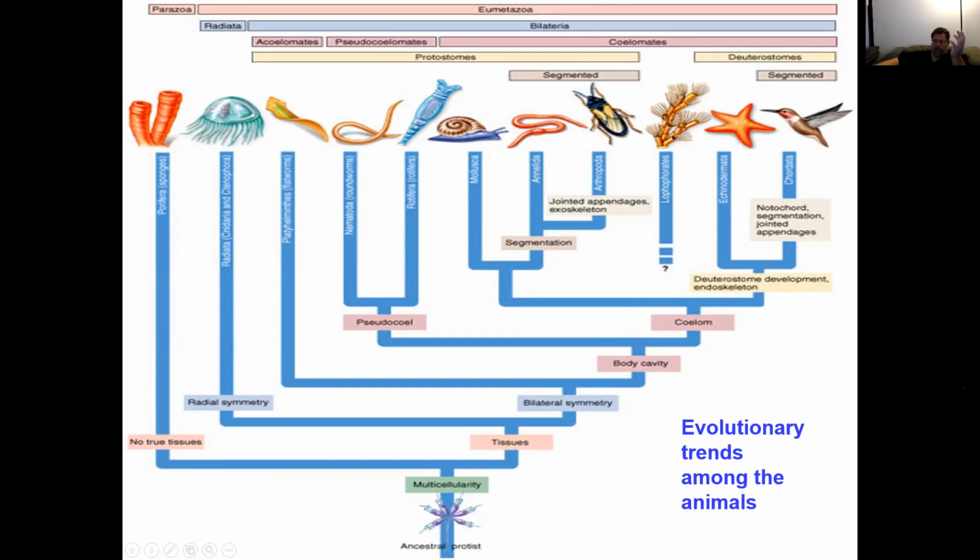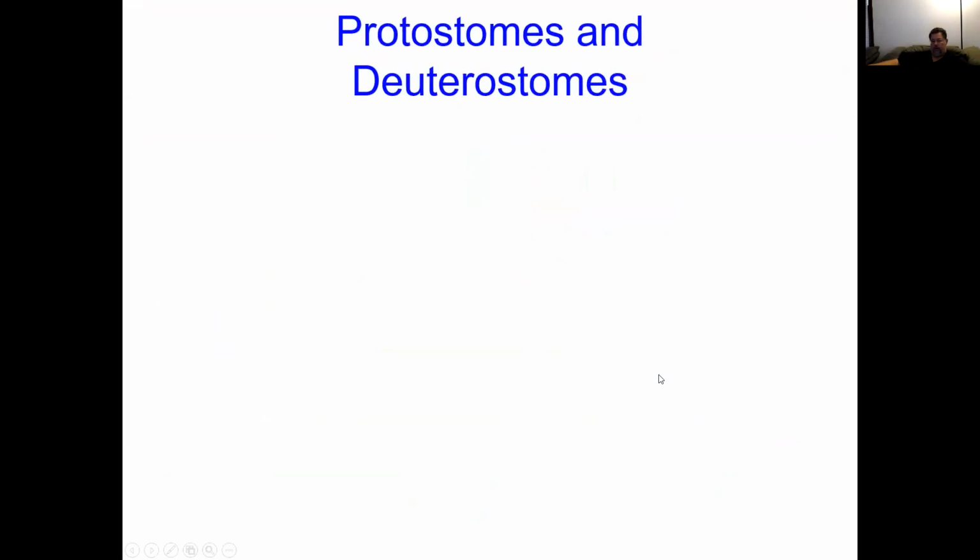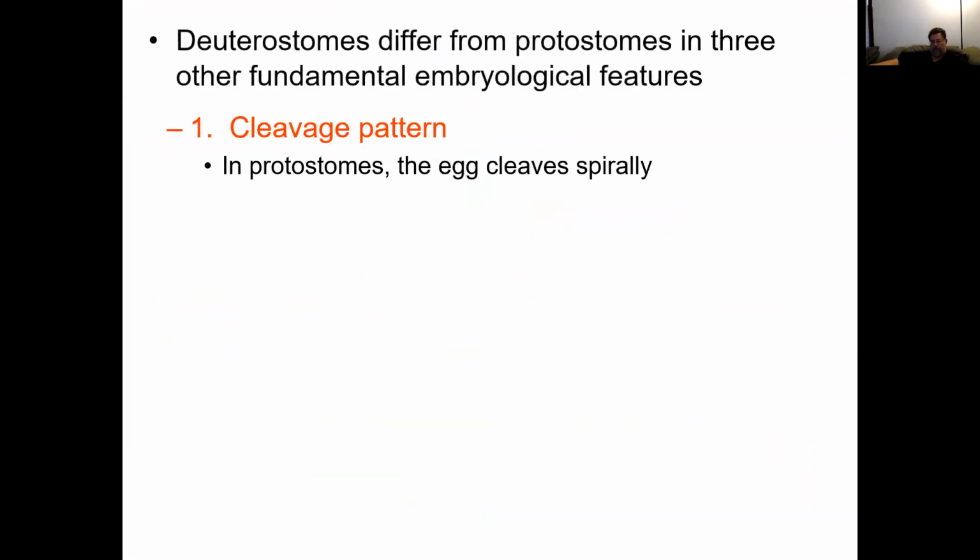Again, what's happened is people that have studied animals looked and studied their anatomy, or embryology, and started seeing these trends. And then that's what developed these kind of phylogenies, these evolutionary trees. And it gives you an idea of how closely related each of these are to each other.